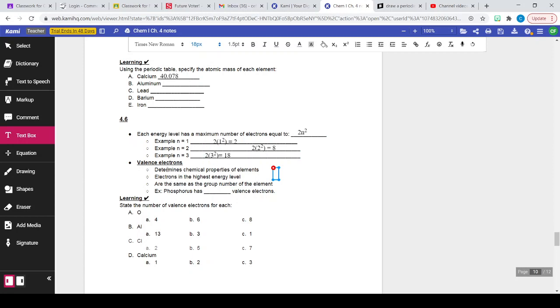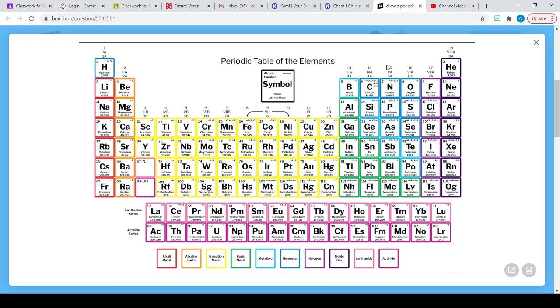Valence electrons are the electrons in the highest energy level, so the electrons in that outer shell, or that outer circle. They are the same as the group number of the element. So remember, group numbers are in columns. Example, phosphorus has blank number of valence electrons, so let's look here. Phosphorus is right here, it's going to have 5.